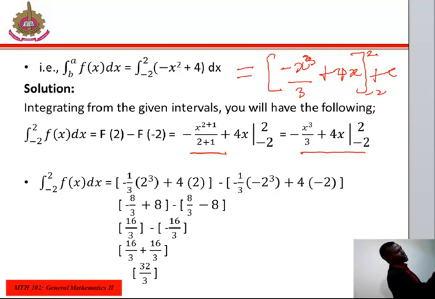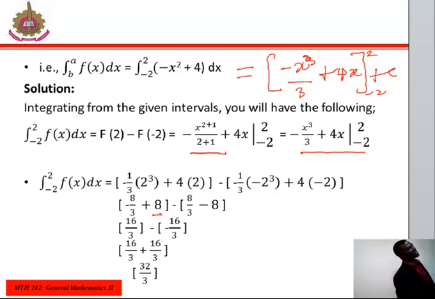Then similarly for minus 2, instead of 2 now we substitute minus 2. Now what we did there was that we obtained the solution to this, that is 2 raised to power 3, that is 8. So 8 multiplied by 1 multiplied by minus 1, that is minus 8, then over 3, then plus 4 times 2, that is 8.